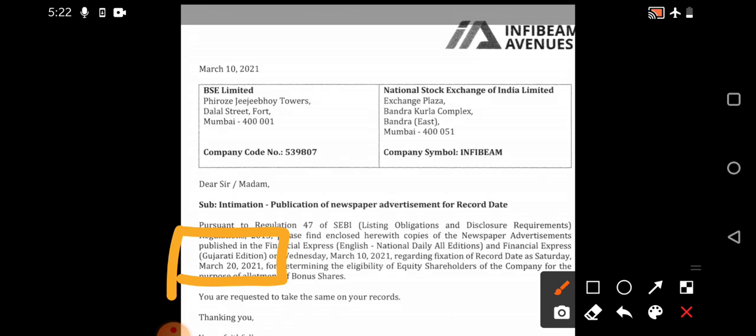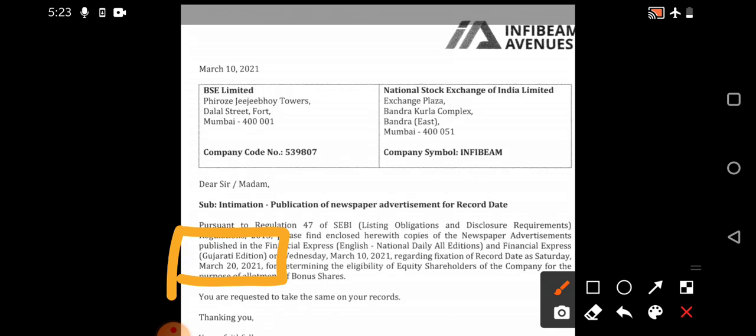So note it down, March 20 is the record date. On or before that you need to have the shares of Infibeam Avenues. Let's say for example, if you have 3 shares, you will be getting 6 shares. So 1:1, 1 share implies another one extra share, right? So 3 shares, you will be having 6 shares. That is the meaning of bonus.